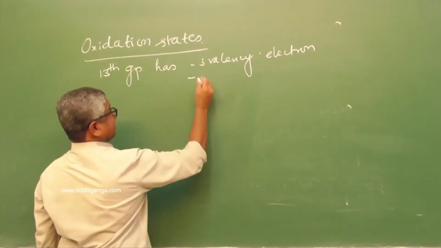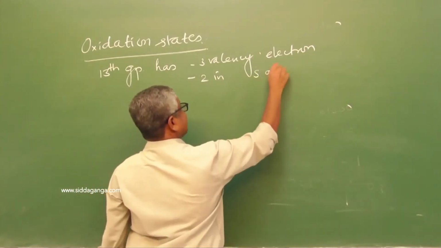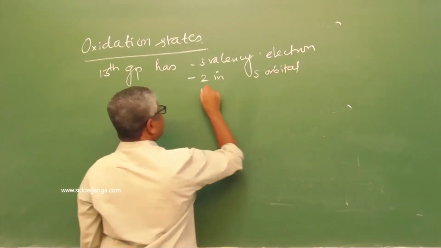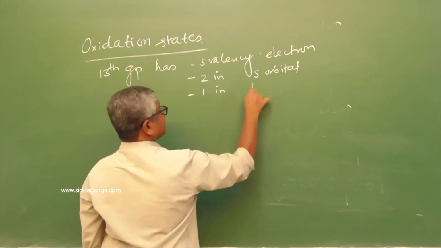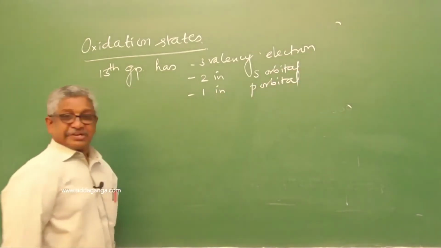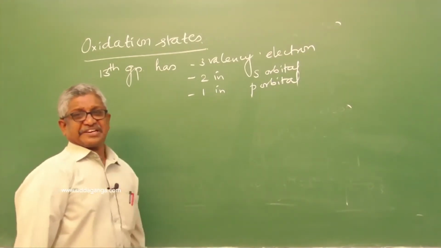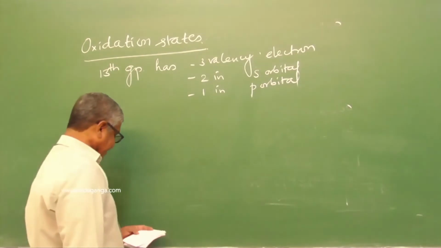Out of these 3, 2 electrons are in the s orbital and 1 electron is in the p orbital.